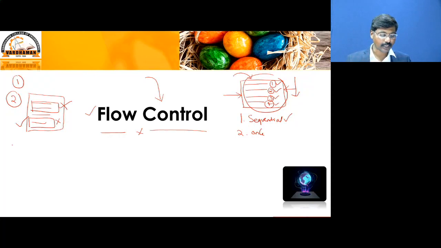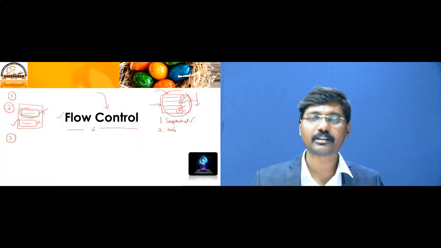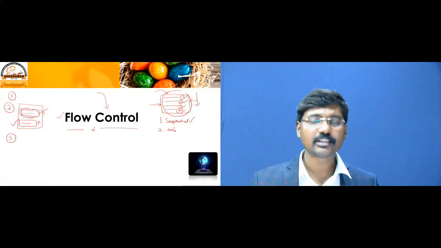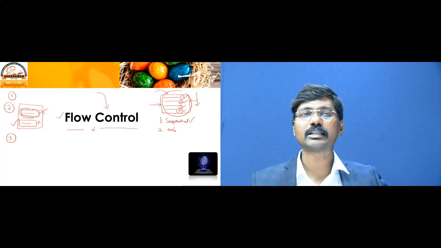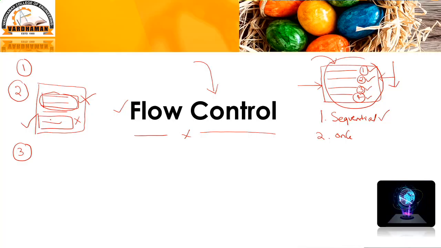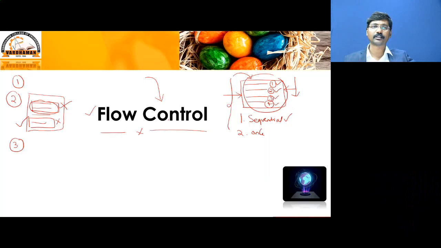This is my first scenario. Then there is another situation that comes into the picture where I want to execute a block of statements repeatedly for 10 times. In this scenario, if I want to execute it, definitely the sequential or traditional approach will not suit. I have to have a remedy, and my remedy here is a beautiful concept in Python programming called flow control.